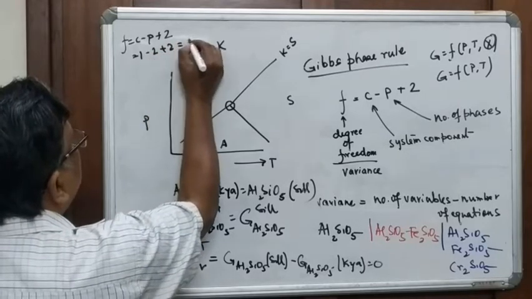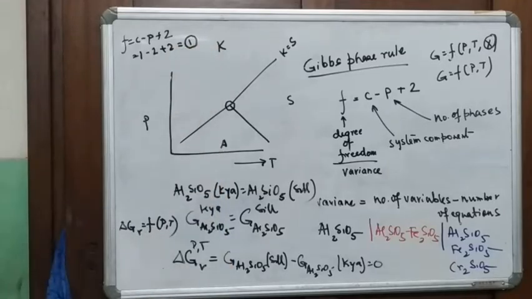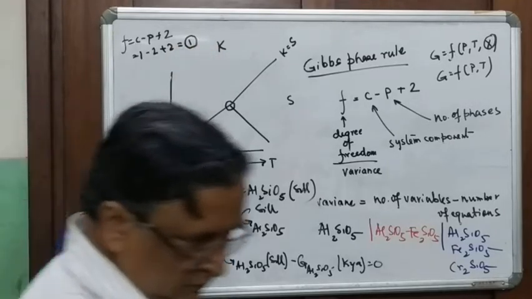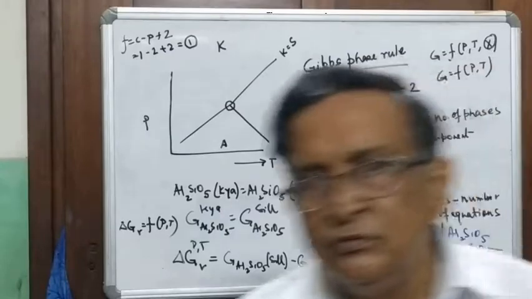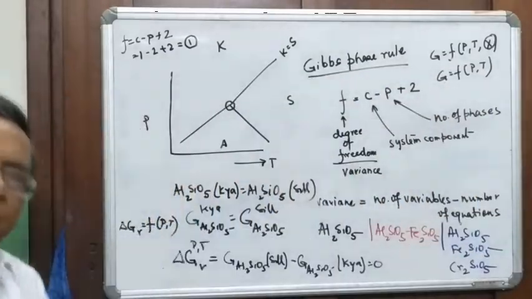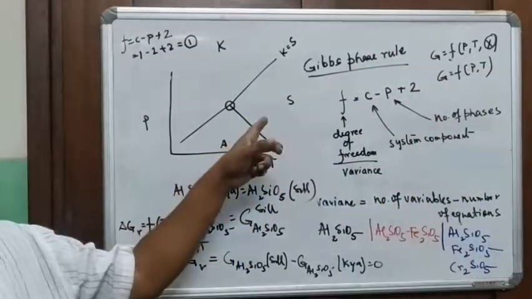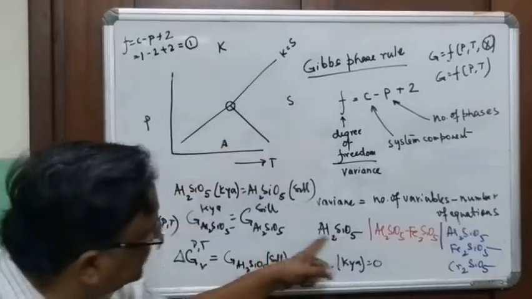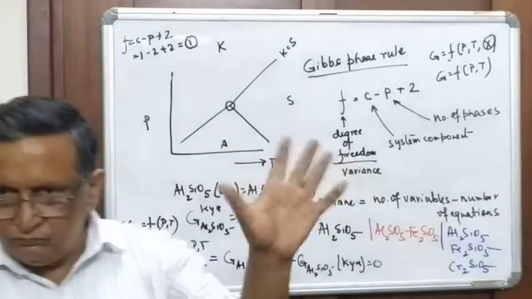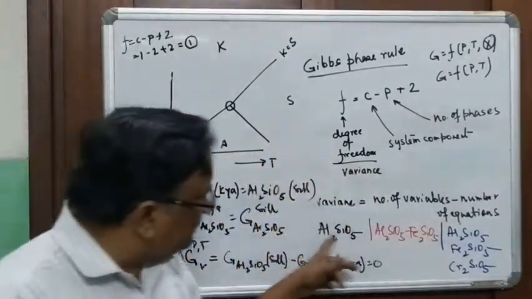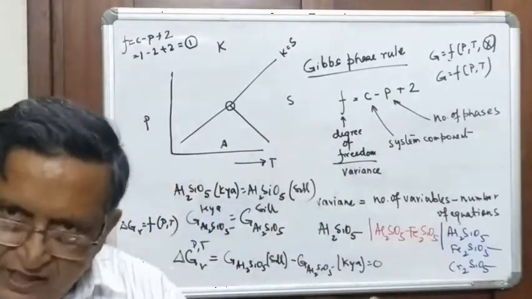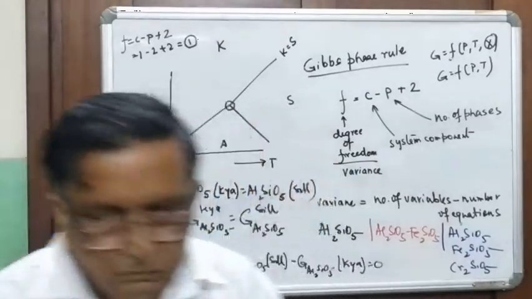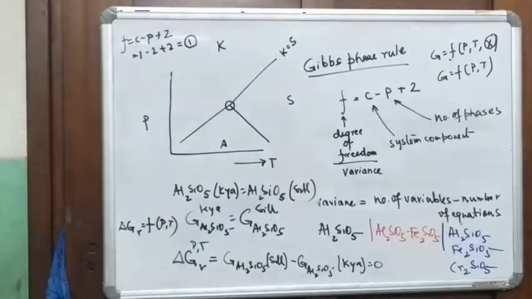Plus 2. Variance 1. Means what? How many variables do we have? Pressure and temperature, because composition terms don't come in. Right? Correct.